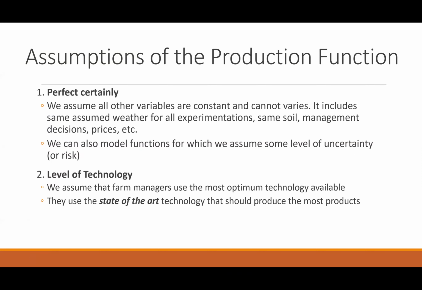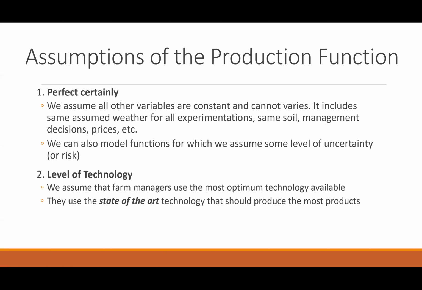So typically, we model uncertainty by using stochastic variables. That means variables that can change randomly. And so we include random functions in the model, okay? And so I use, for example, stochastic variables for weather, and also for output price, because in the real world, the price varies, right?